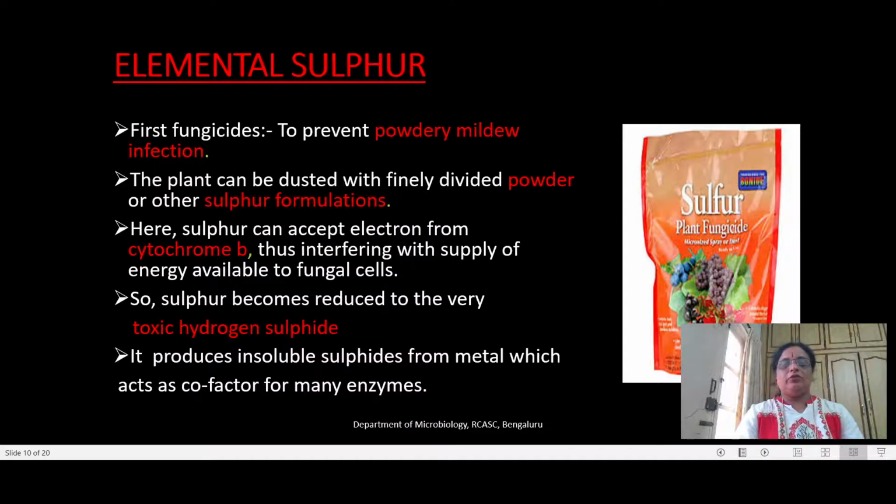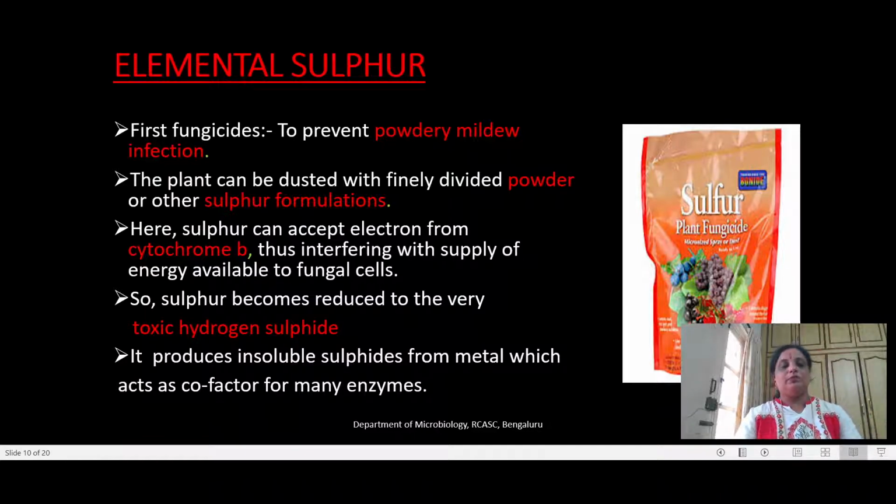As I was mentioning in my previous slide also, this sulfur can accept electrons from the cytochrome. I said sulfur inhibits the activity of mitochondria. So how does it affect the activity of the mitochondria? You know, mitochondria are the powerhouse of the cell.